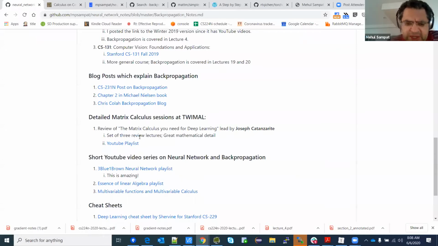There's a lot of mathematical detail. I think we spent 6 hours altogether so far, right? I have to watch this again and read that PDF again to get a fully in-depth idea of matrix calculus. That's a little more than backpropagation. I think Jeremy Howard and his colleague wrote that.